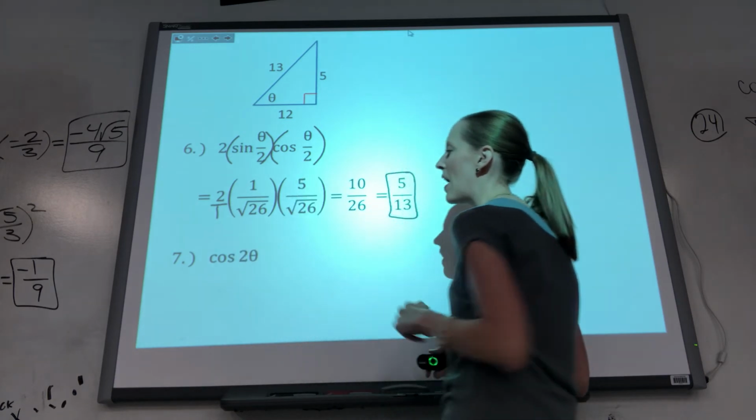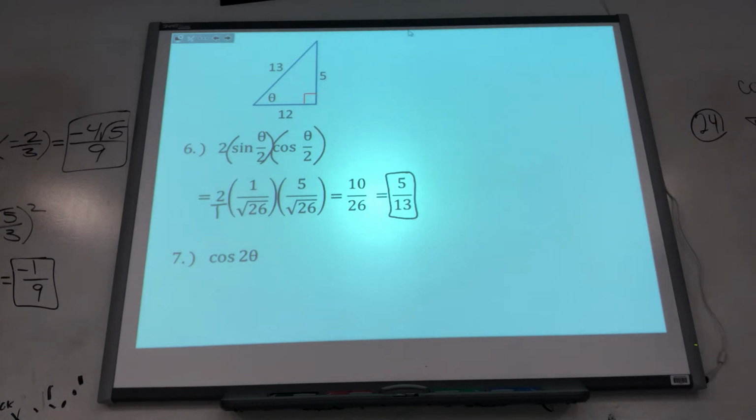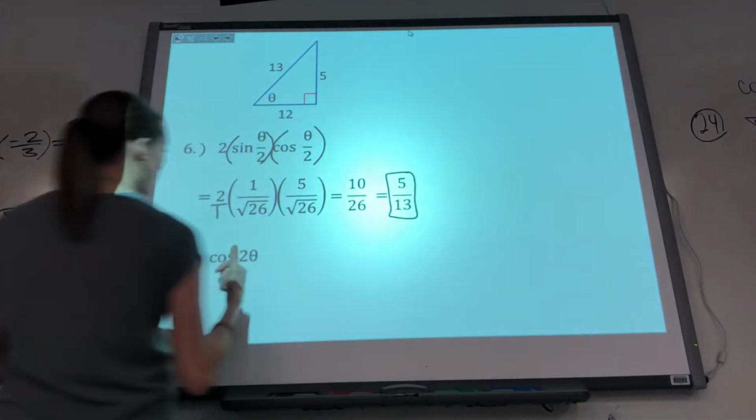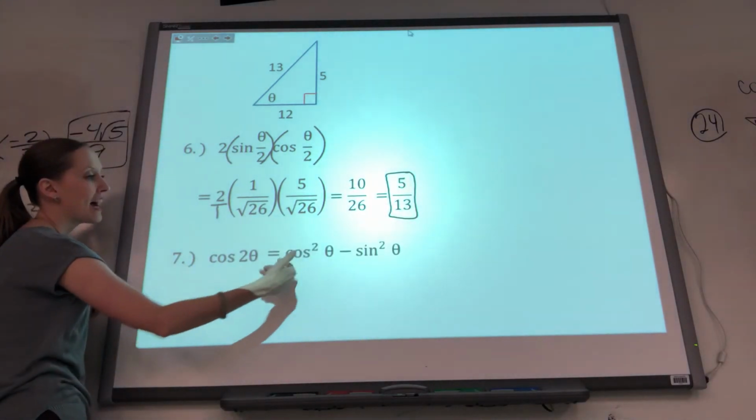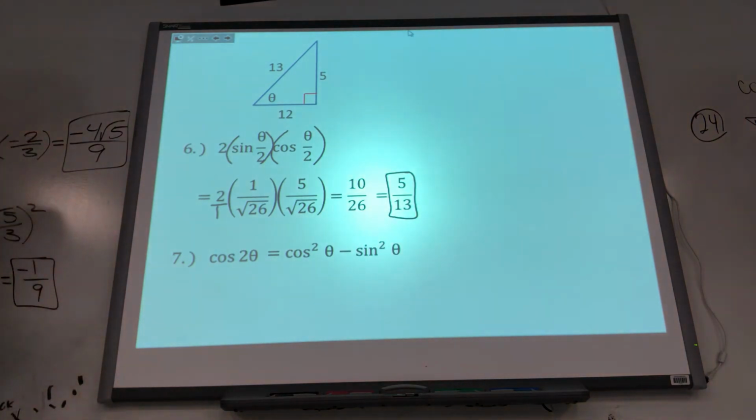This is multiplying by 2. So actually, we kind of have to go back and use one of our formulas from yesterday or the day before. And I always go with that first one on your list, although any of them would work. It's cosine squared of theta minus sine squared of theta.